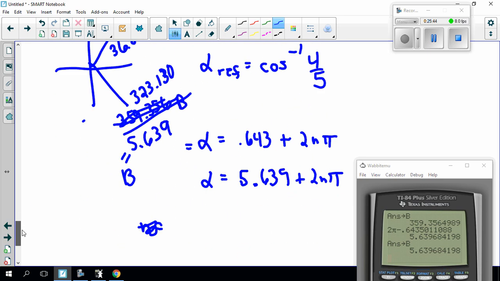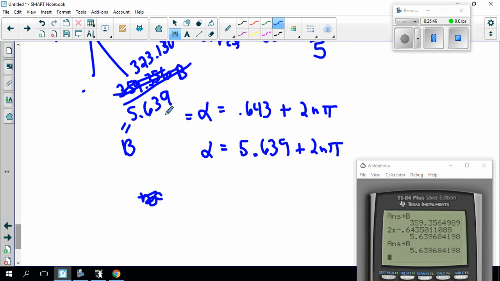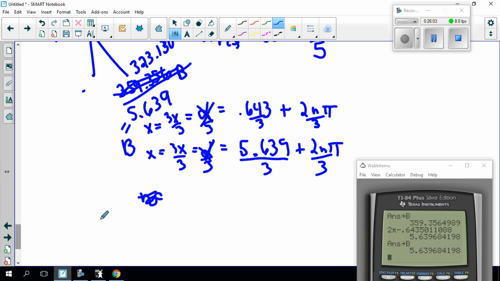Yeah, alpha is 3x. So divide everything by 3x, divide by 4, 8 3's, 1z, 2z, 3z, 4z, and again, these don't matter. You got x by itself. So x equals basically a divided by 3.